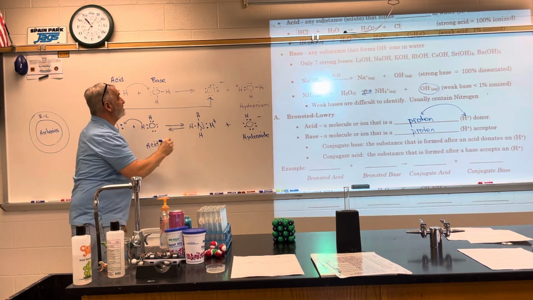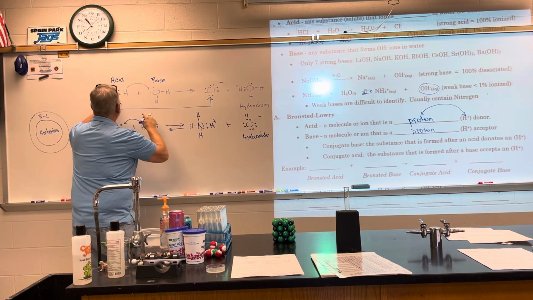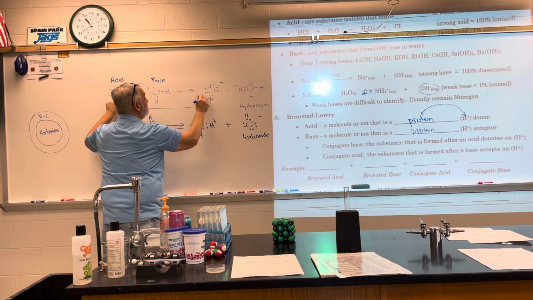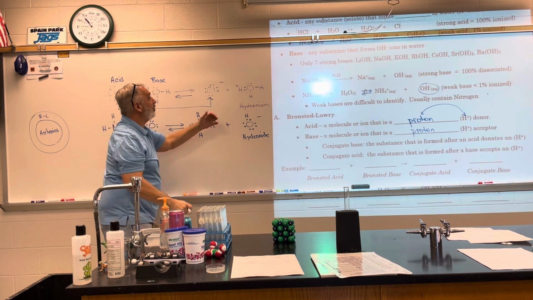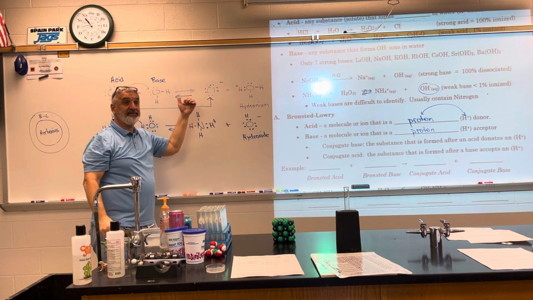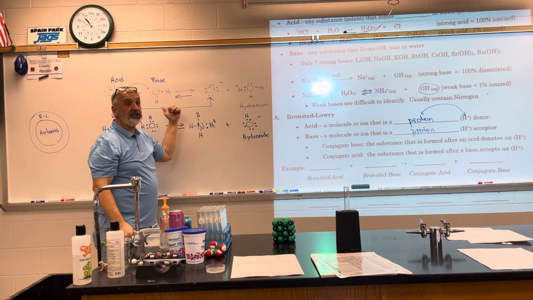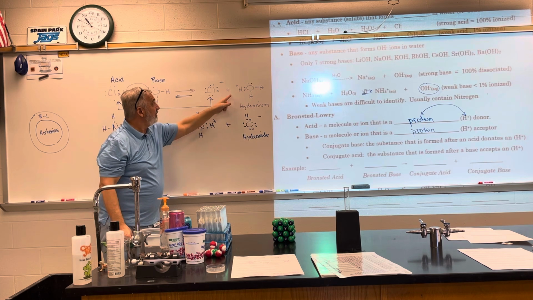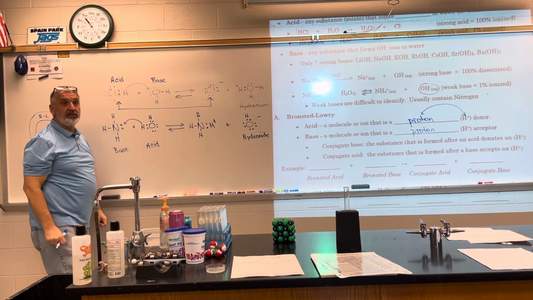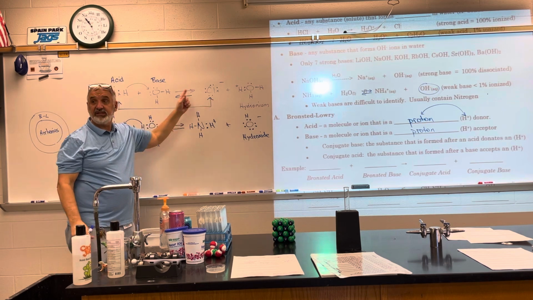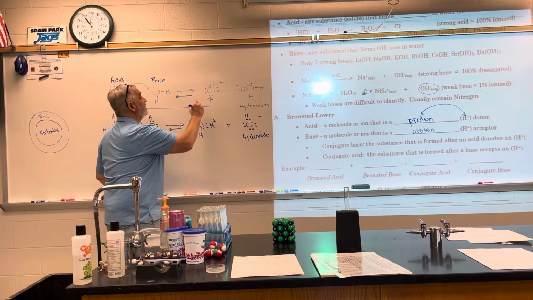So we call this, because it's an acid, it donated, now it has the ability to accept one back, or if we look at the reaction going right to left, it's a double arrow, it can go either way. Right to left, what is this doing to go from here back to here? It's accepting now, right? Which makes it the conjugate.